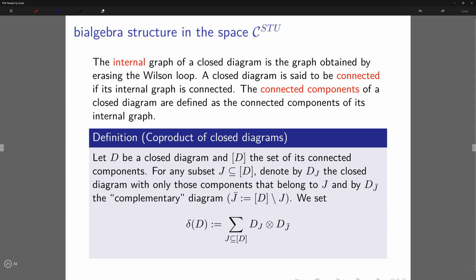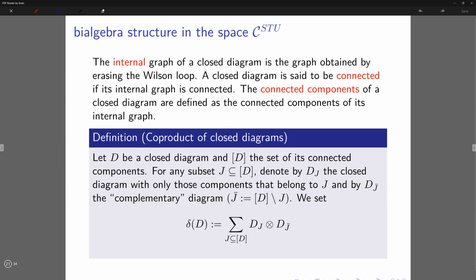And the definition for the chord diagram is just the same as the definition of the co-product of closed diagrams, because for the chord diagram, this J is a subset of all the chords. For the chord diagram, there are only chords as connected components.